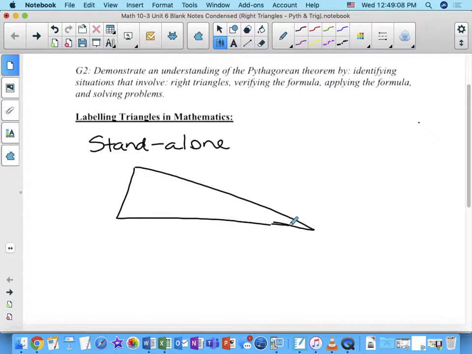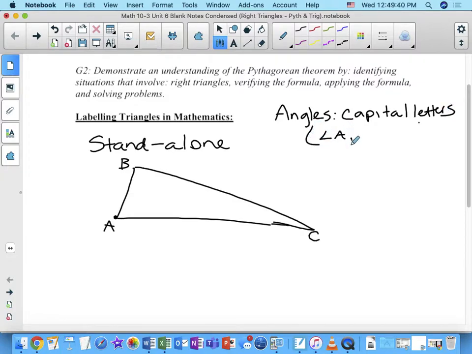And when we have this type of scenario, we can label the angles, or the vertices, the corners, with capital letters. A, B, C. You can use whatever letters you want: X, Y, Z, P, Q, R, whatever you want. So the angles are capital letters. Angle A, angle B, angle C. Okay.